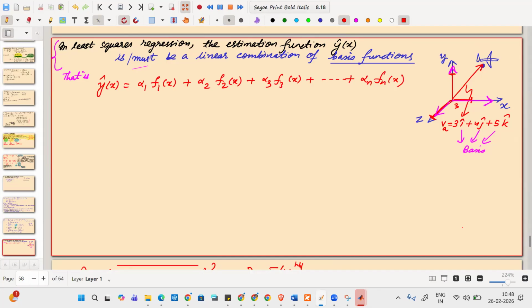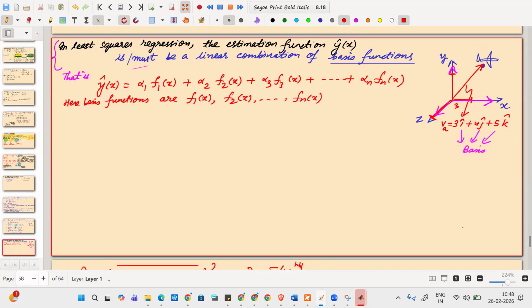So here your basis functions are f1 of x, f2 of x, and so on up to fn of x. These are your basis functions. You got the idea. So we are writing it as a linear combination of basis functions.